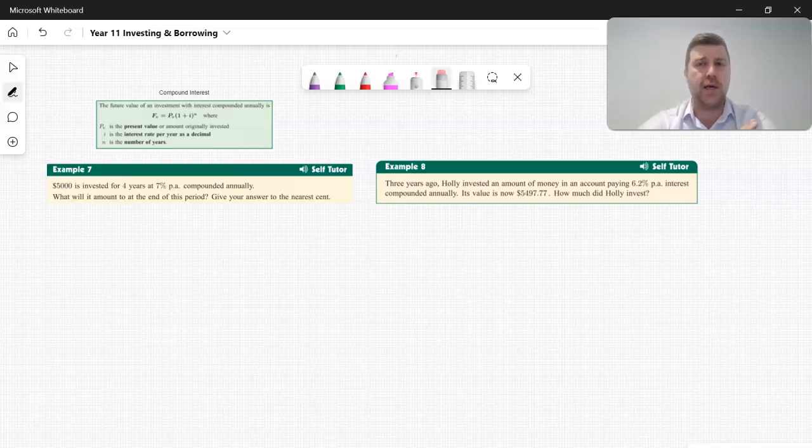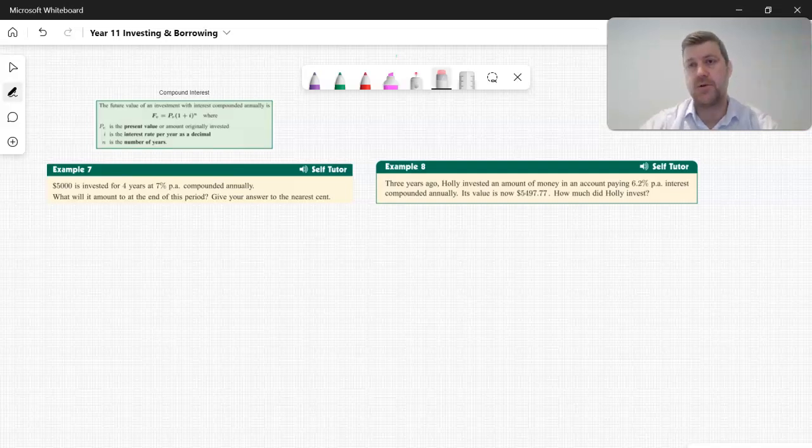The main difference between simple interest and compound interest is that with simple interest, and I'm just looking at investing here, you're only earning interest on the original principal that you invest. With compound interest, you're earning interest every period.